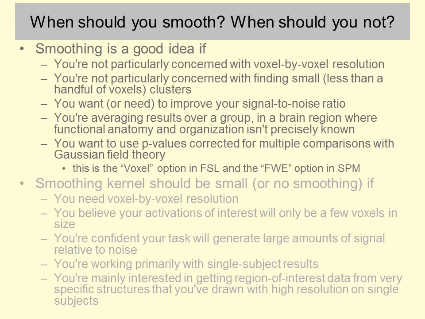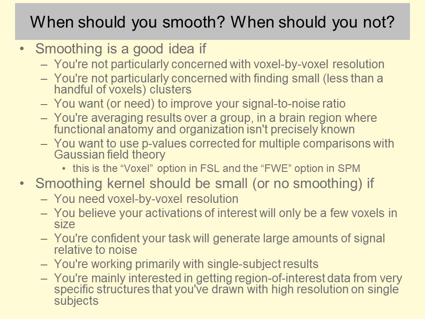Now obviously we're going to talk about this a lot more in week 4 or 5 when I specifically cover the multiple comparisons issue, but basically let's just say for now that to meet the assumptions of this procedure for correcting the multiple comparisons problem, you need fairly smooth data, and obviously if you apply a smoothing kernel you're making the data smoother. But there are alternative ways of thresholding an image. You don't need to use FWE as your method or voxel in FSL, so don't feel obliged to smooth your data.